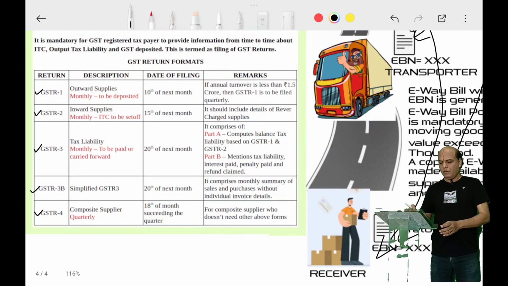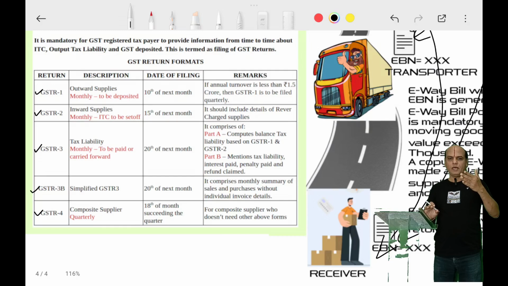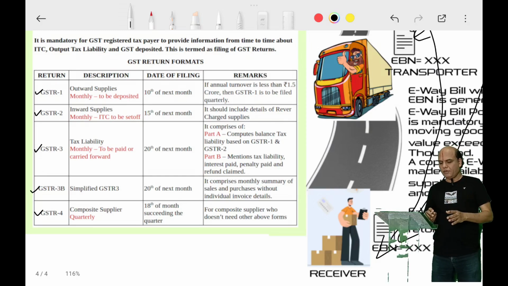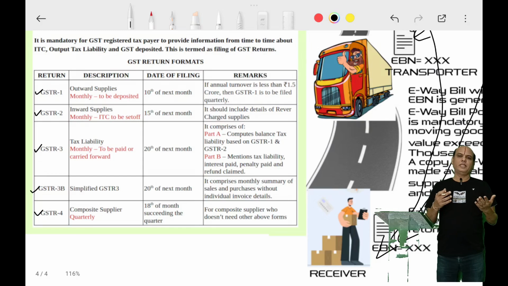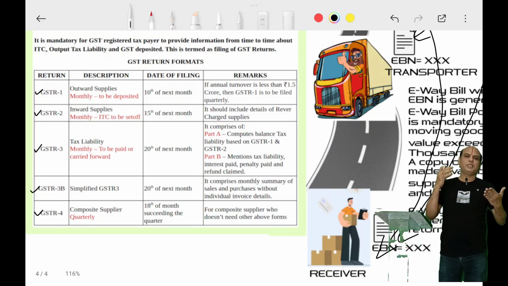But these three formats, GSTR 1, 2 and 3, are very detail oriented; they involve invoice numbers and everything. If there is a petty trader, he need not mention all those things.